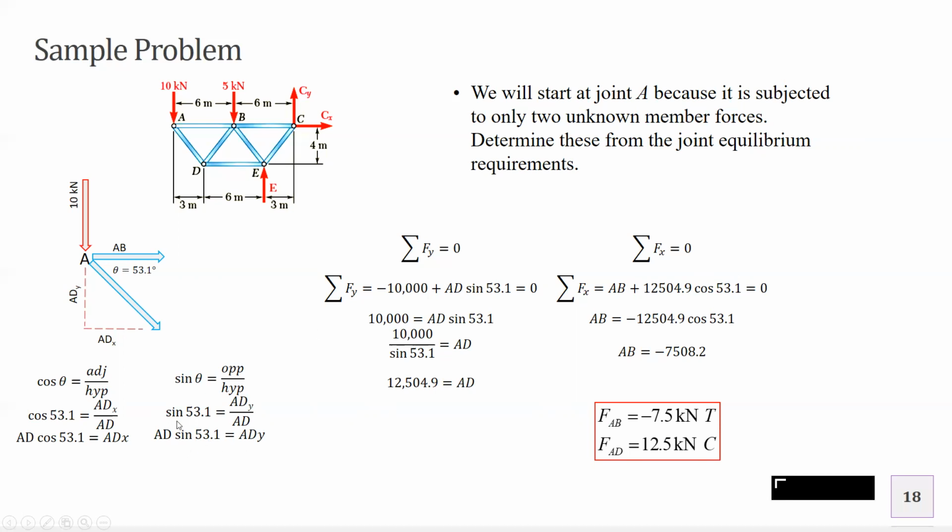It's right here, AD sine 53.1. So that means that 10,000 has to equal AD sine 53.1. Well, I can just divide by sine of 53.1. So I take 10,000 divided by sine of 53.1, and that comes out as AD. So AD is equal to 12,504.9. That is the answer that we want.